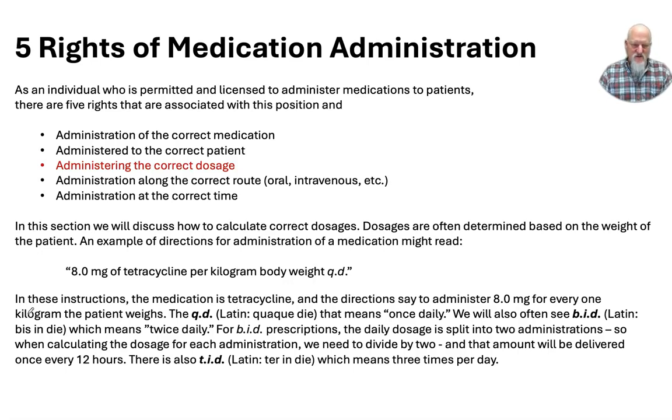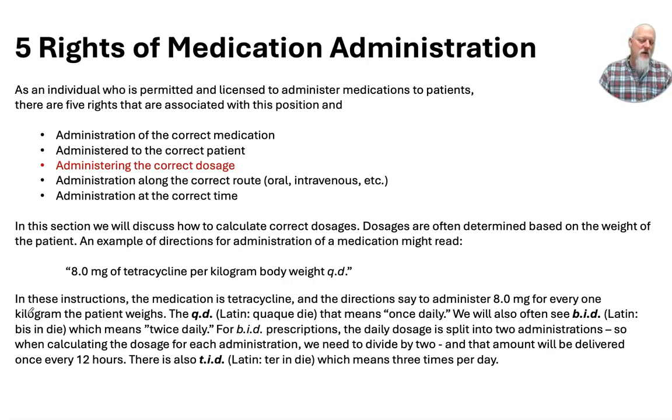The first is administration of the correct medication. So not only do we care about the correct amount, but you need to make sure it's the correct medication first, the correct drug. And that's simply understanding the situation, reading whatever's being prescribed, and making sure it makes sense, right? So again, don't trust what somebody else has done.